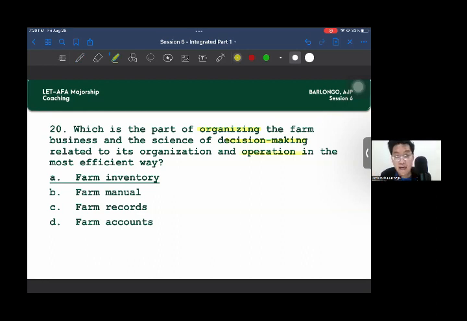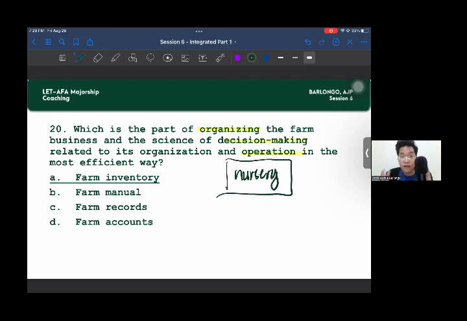Una-una sa lahat, kailangan ng inventory para mas ma-organize mo kung ilan pa ba yung kailangan. For example, you are organizing a nursery. Kapag sinabing nursery, ito yung pinagbibilhan ng mga seedlings, di ba? Kapag nag-inventory ka, you are taking note kung ilan yung ganito.